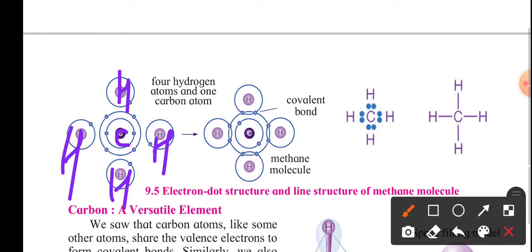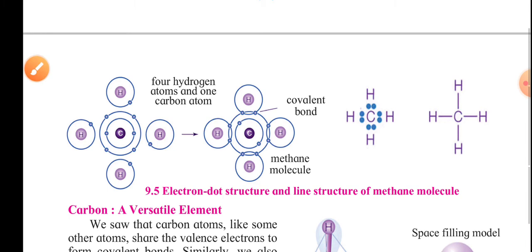Due to that, each hydrogen gains 1 electron by sharing and its duplet is complete, and one electron from each of the four hydrogen atoms completes the outermost orbit of carbon.